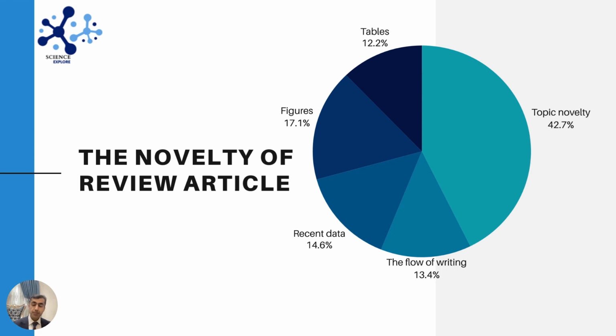Now, we explained in a previous video how we can increase the novelty of the title, how we can find or create a novel topic. Today we try to explain the figures and tables. And also in a previous video we explained the flow of writing of a section for a subtopic.